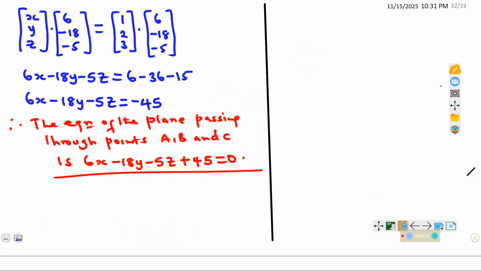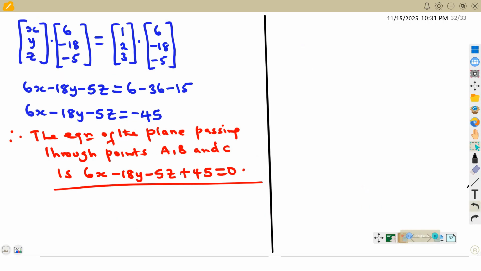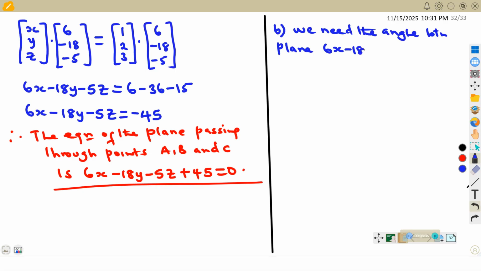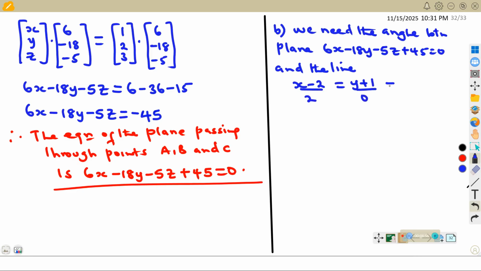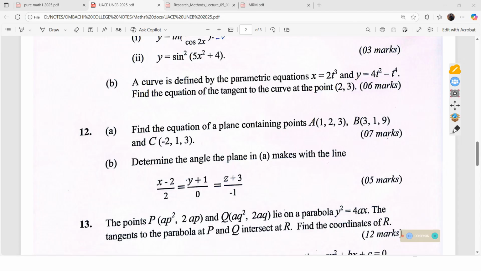So we need the angle between the plane, which is 6x minus 18y minus 5z plus 45 equals 0, and the line, which is given as (x minus 2) over 2 equals (y plus 1) over 0 equals (z plus 3) over negative 1. So that is the line that we are given.